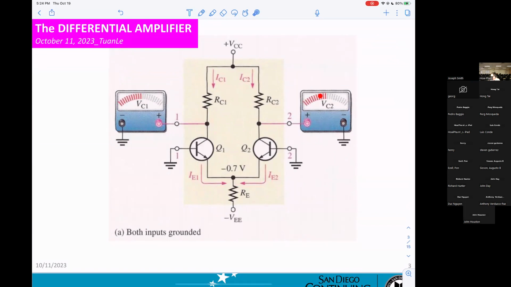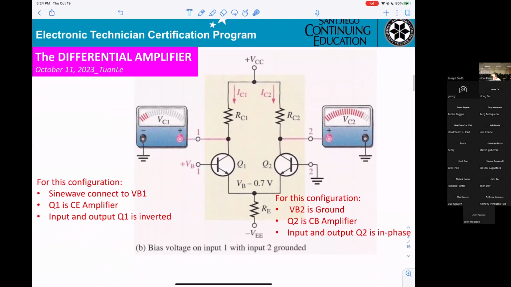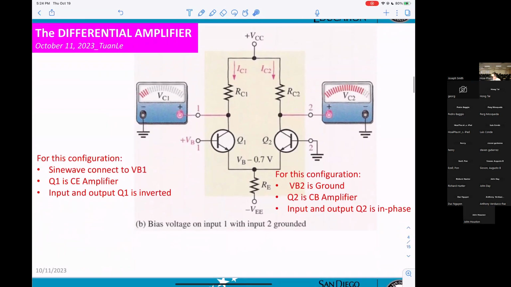They are just telling you they get the same voltage, VC1 and VC2. Now, that's what we already talked about.